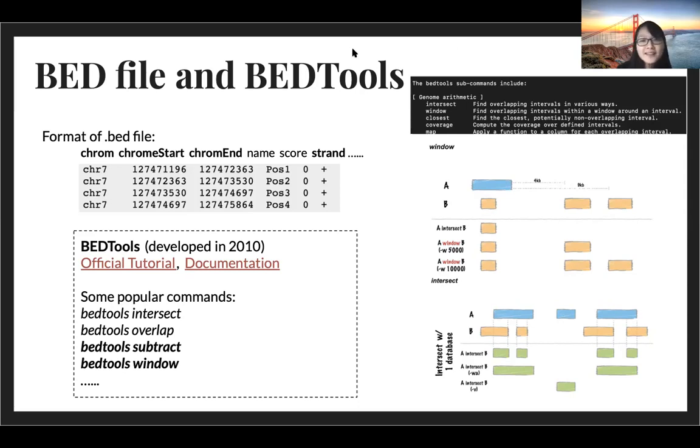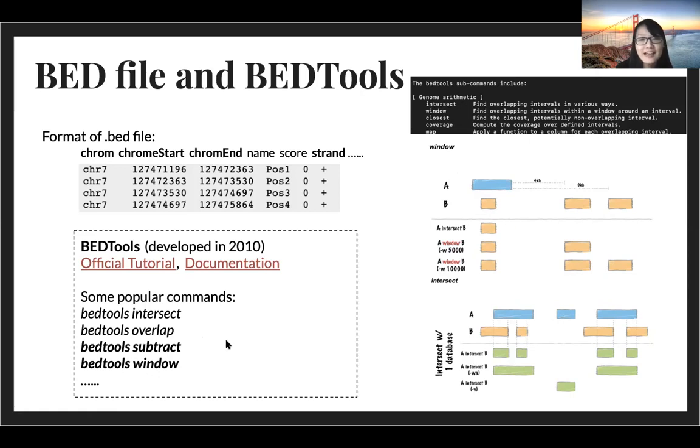Okay? So I think the easiest way of checking a command line tool is to just type the tool's name in the terminal. On this figure, you will see a list of different sub-options. I didn't list all of them, but for our homework, I think we're going to use subtract and window. As I just mentioned, there are a lot of other very commonly used operations such as overlap.